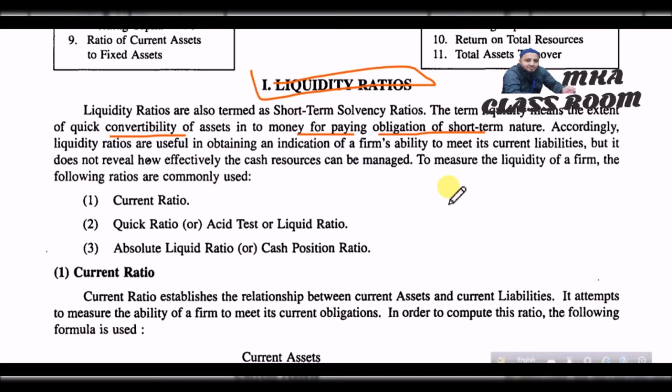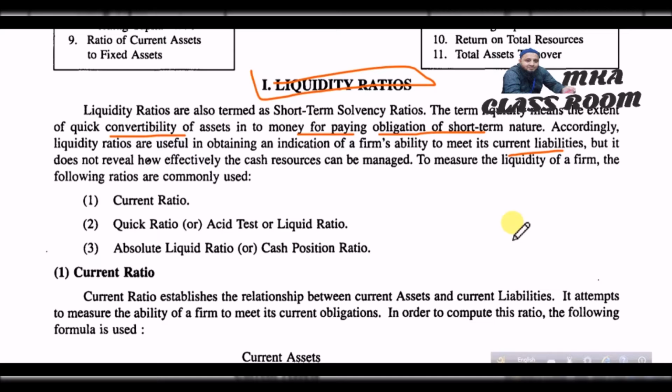Accordingly, liquidity ratios are useful in obtaining an indication of a firm's ability to meet its current liabilities, but it does not reveal how effectively the cash resources can be managed.